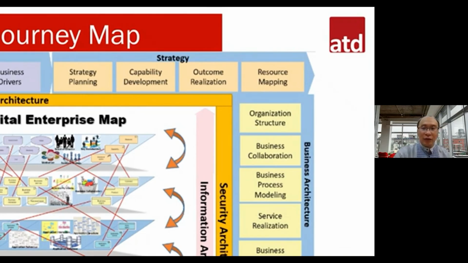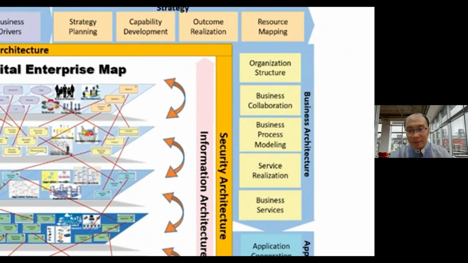Once this is done, you can do the business architecture modeling. You understand the whole structure of your organization, how the business needs to collaborate, what processes need to be re-architected, and which internal as well as external business services need to be modeled.